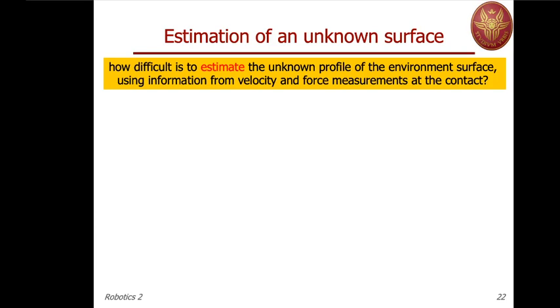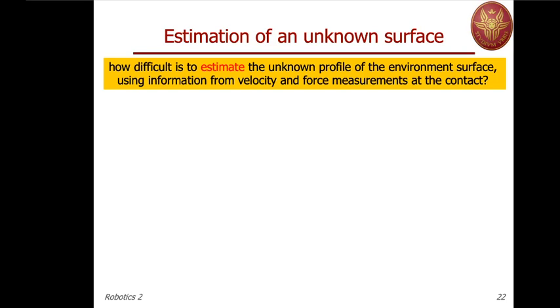So can we do something with this? Should we use velocity measurement? Well, if we expect that the velocities are tangent to the contact, if we measure velocity in the Cartesian space, we expect that that direction is the tangent to the surface.